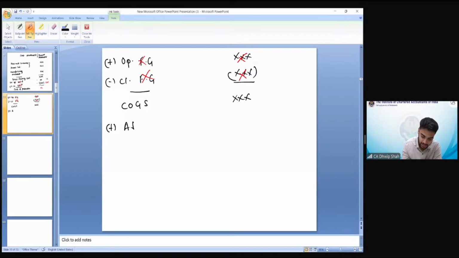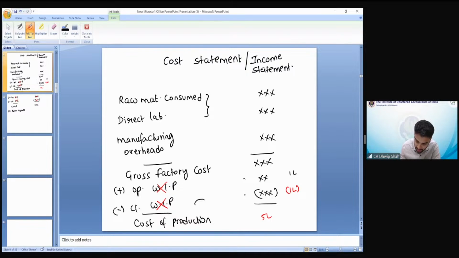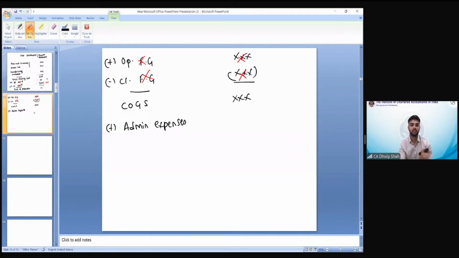We add admin expenses which are not related to production. If admin expenses are directly related to your production, then they will be added here, not in stock, but before cost of production, somewhere over here. But admin expenses, if not particularly specified, have to be assumed to be general overheads, not directly related to production.